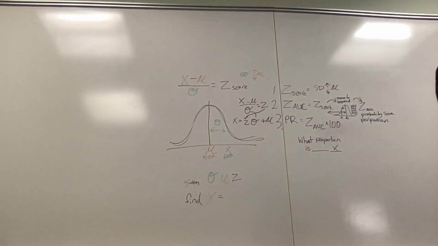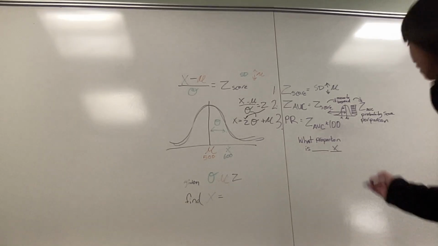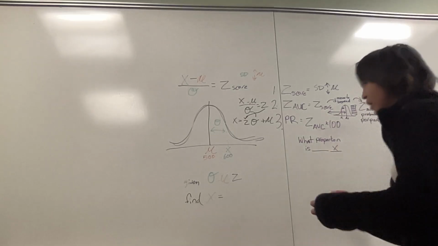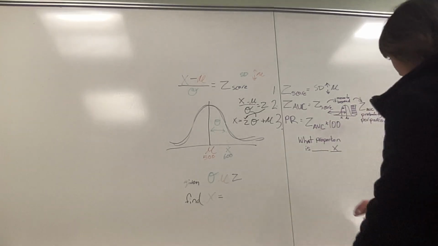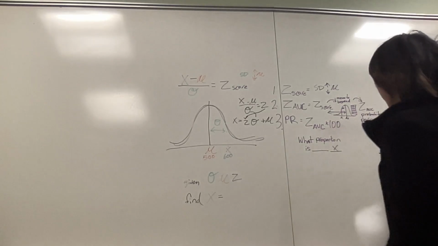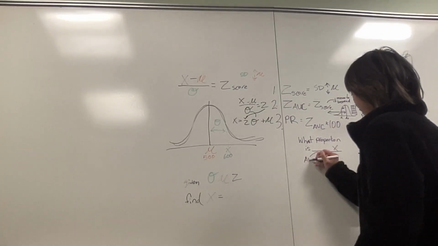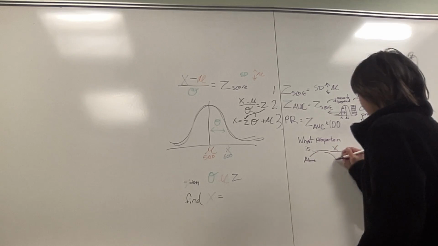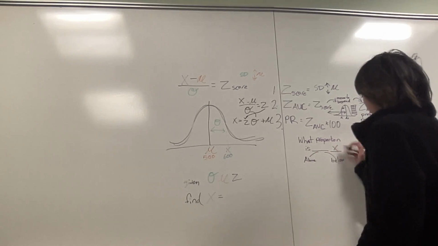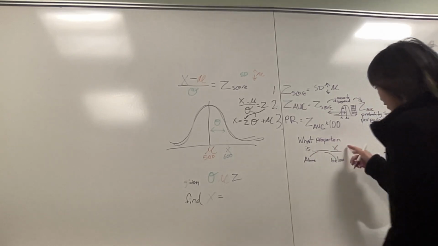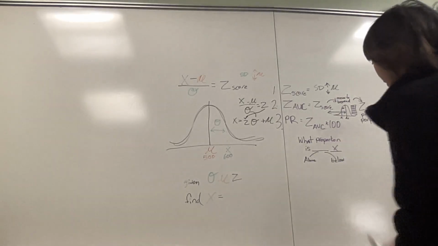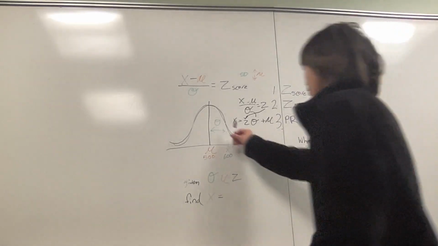She's going to say what proportion or percentage is above X or below X. So she's going to want to know, is it above or is it below? Like all the scores above or all the scores below your score. They'll give you a score, like let's say 600, and they're going to want to know above or below.